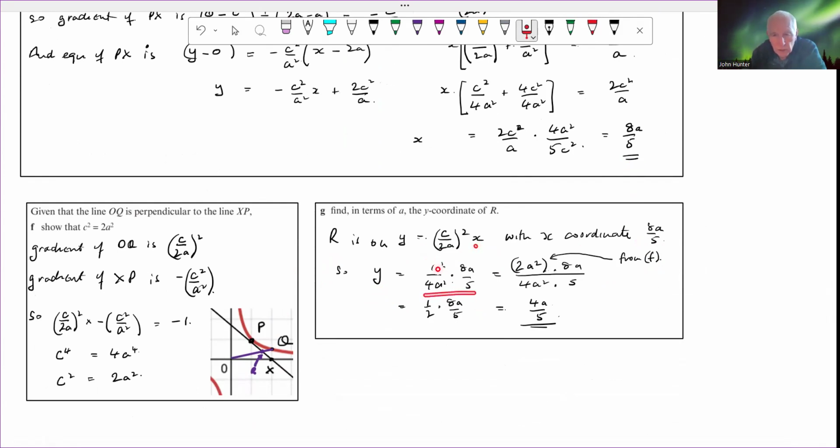Now we've still got C squared in there, but we do have a relationship between C and A, which we worked out over here in part F. So if we substitute that in, we've got no C's left, and there's a nice bit of cancellation. So that's going to give us the Y coordinate is 4a by 5. So that point R is at 8a by 5, 4a by 5.